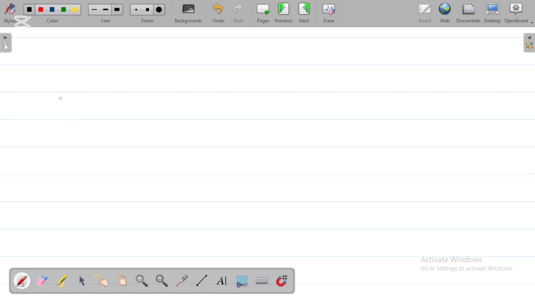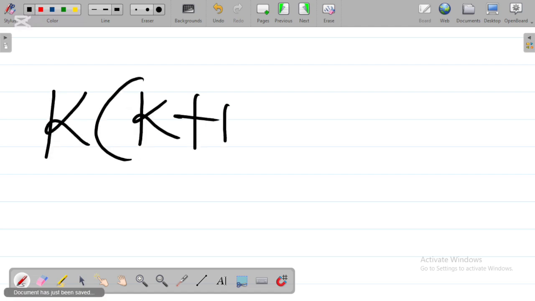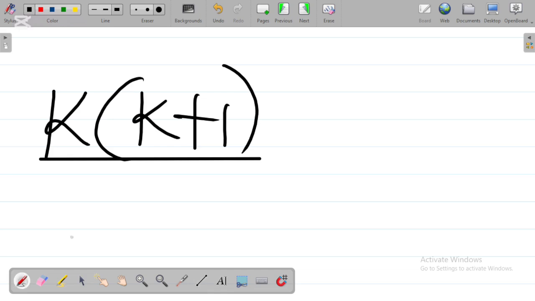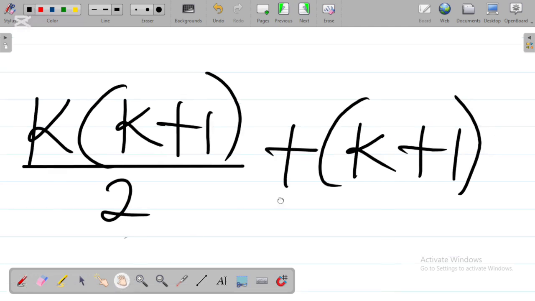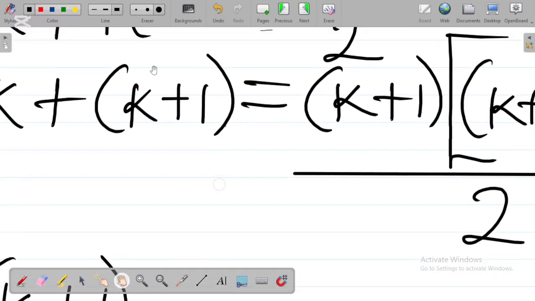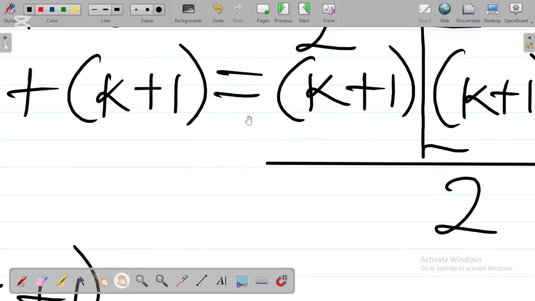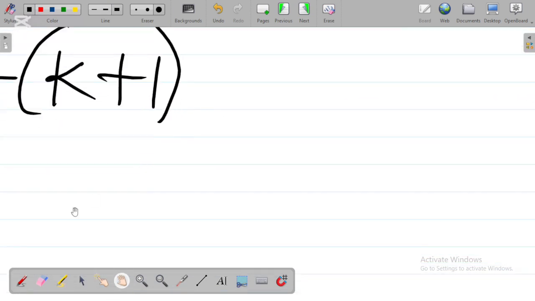All right, so we have here k open bracket k plus 1 all divided by 2 plus k plus 1. And this is the k plus 1. It is equal to what? It is equal to k plus 1 multiplied by what?